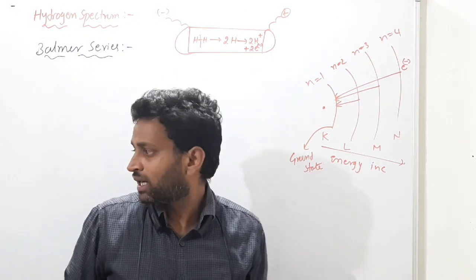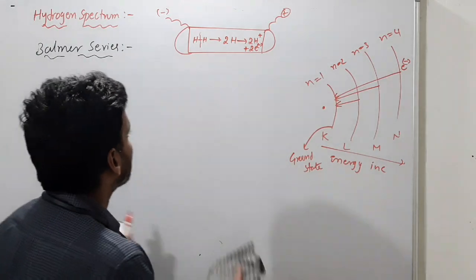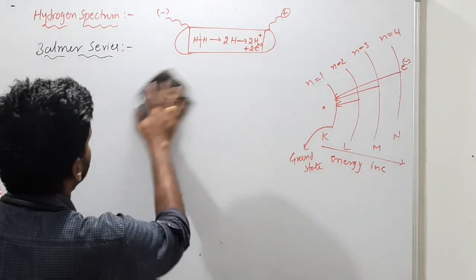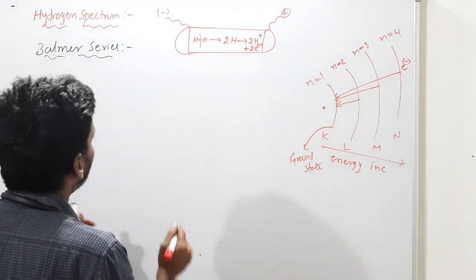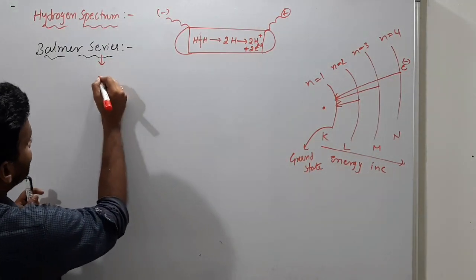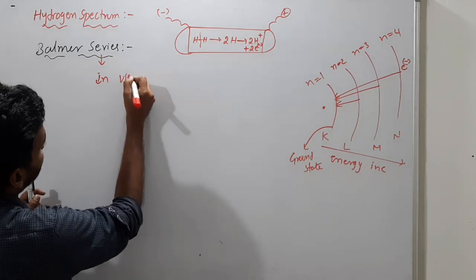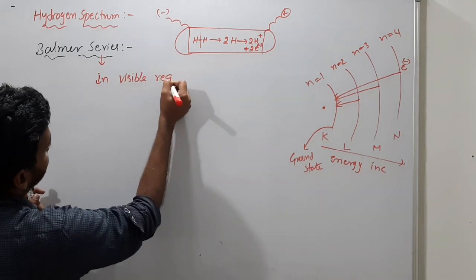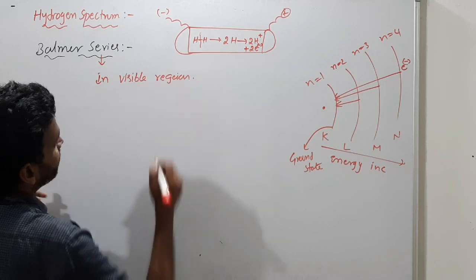But before that, first we will discuss this Balmer series. So what did Balmer observe? Balmer observed these kinds of spectral lines in the visible region. The region is very important.